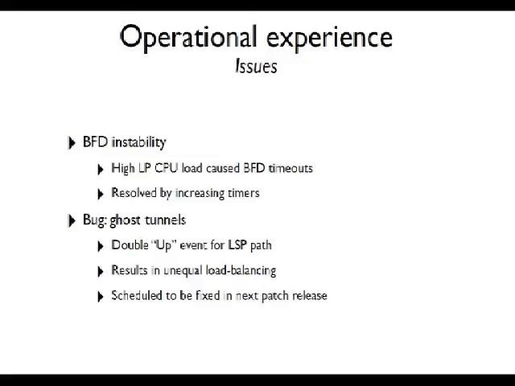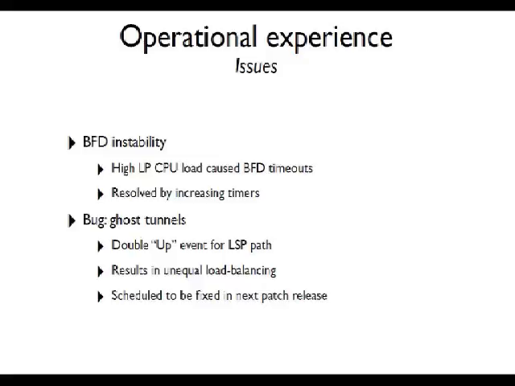We encountered a real bug we did not encounter before, and that is when an LSP path goes down and comes up again, it sort of comes up twice, and suddenly you have 2 MPLS paths. This results then in unequal load balancing because there are more paths, and that goes then over the paths that just failed.